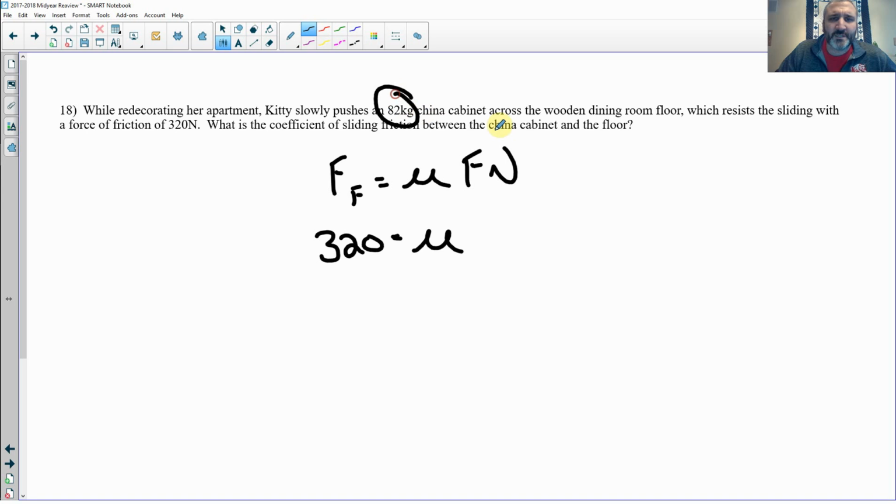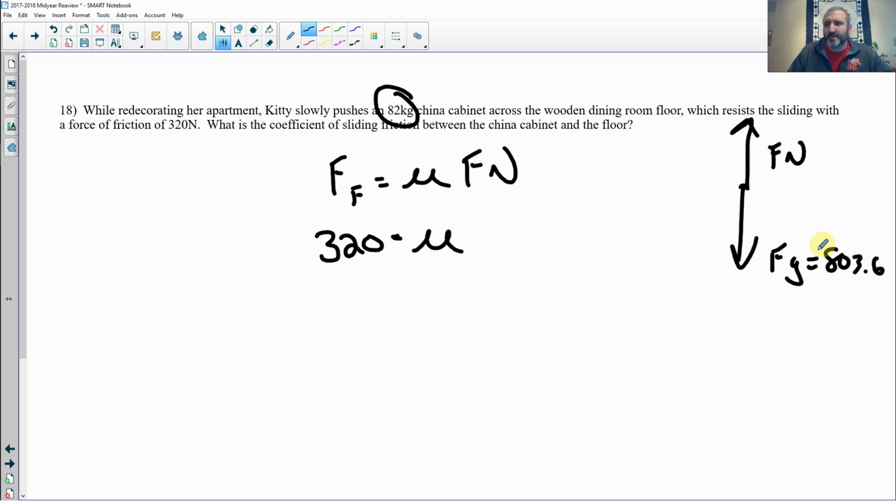Well, normal force isn't 82, but we know the mass is 82 kgs, so that means Fg and Fn. Fg must be 82 times 9.8, which is 803.6 down, which means the normal force must be 803.6 up.